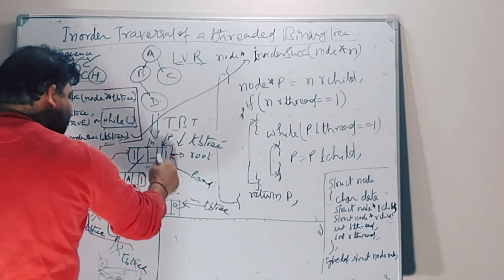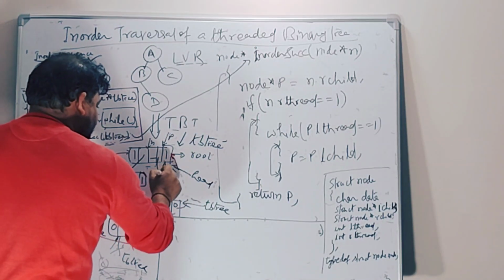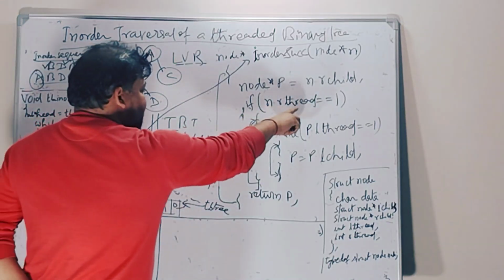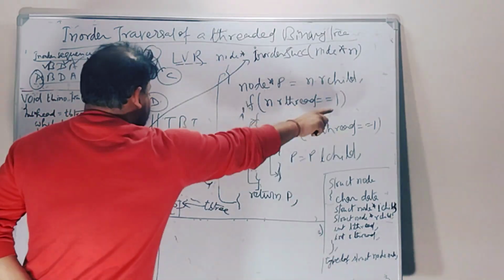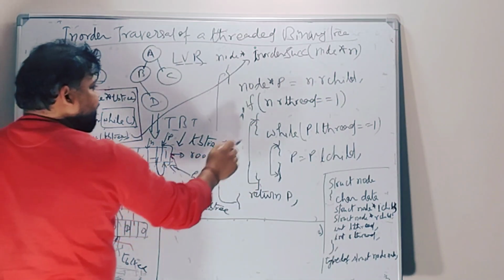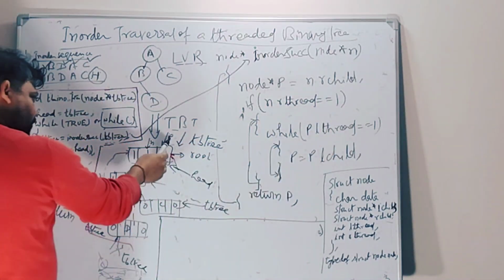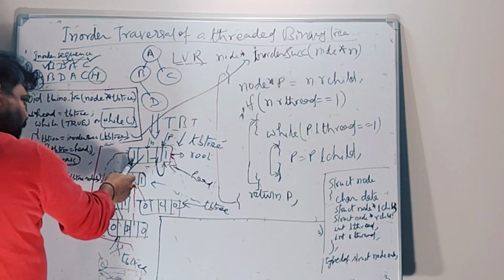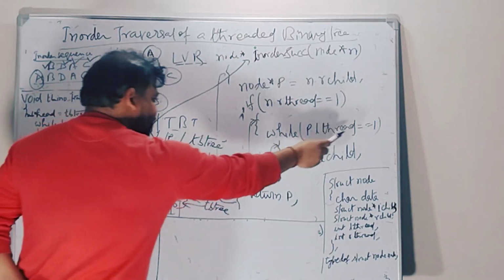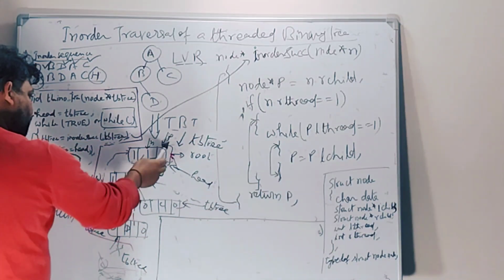So once again it will go in this way. After that it will check whether nr thread is equal to 1. If it is 1, then in that case while pl thread, I'll check whether pl thread is equal to 1, so it is also 1. Then P will move from here to here.